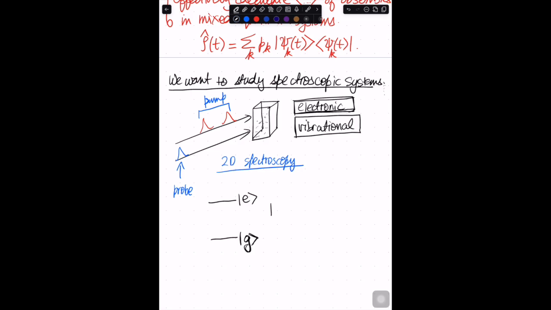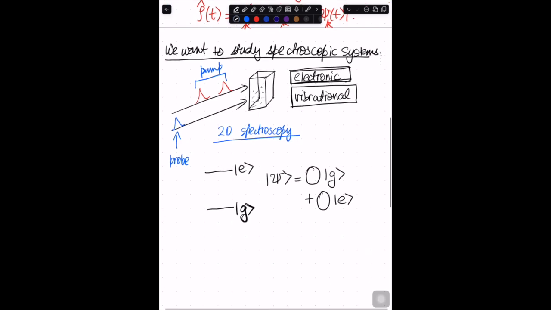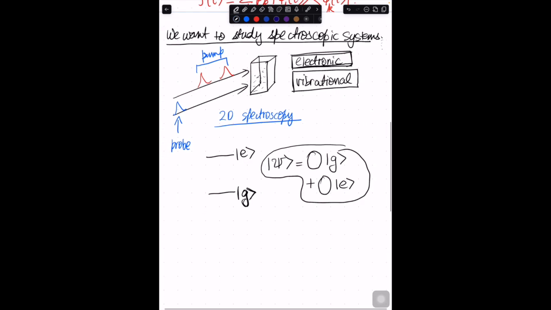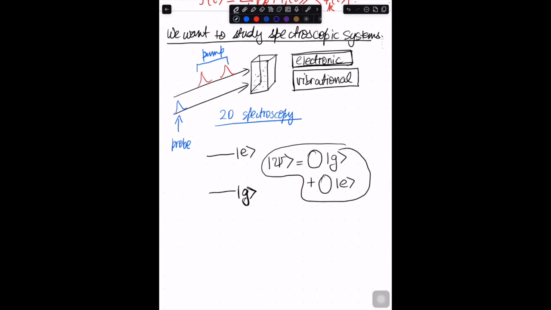So let's say I would want to describe the quantum system at some arbitrary time after a light field is incident on a sample. It would be some coefficient times your ground electronic state plus some coefficient times your excited electronic state. And as I described in the previous class, this would mean that it's in a coherent state. So in the density matrix formalism, it would be described by an off-diagonal term, which are the coherences. But let's not digress into that right now.